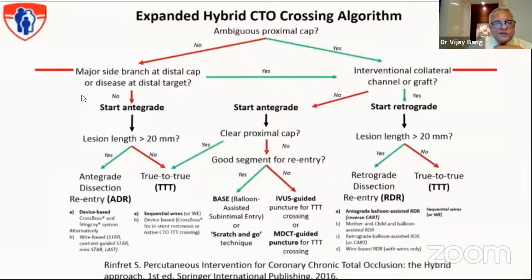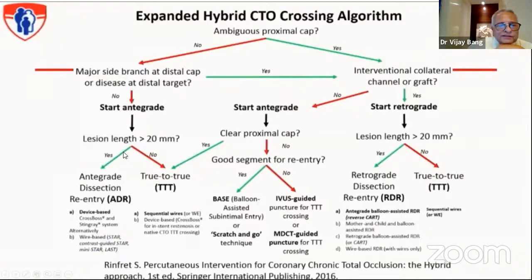If the length of the CTO is less than 20 millimeter, we can go with wire escalation from true to true lumen, sequential wire, or even use the Cross-Pass, especially in ISR and also sometimes in native CTO.